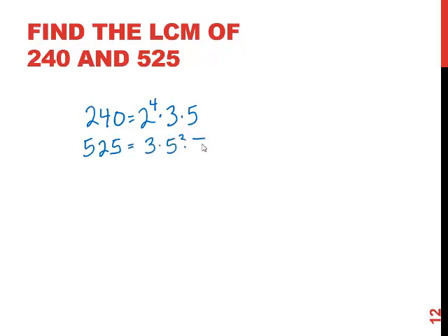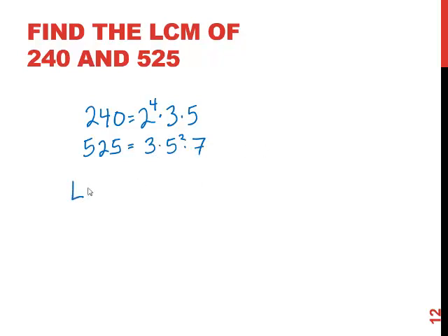So going back to our 240 and 525, again, we'll add a little bit of laziness. 240, I'm not going to refactor it. 2 to the 4th times 3 times 5. 525 is 3 times 5 squared times 7.